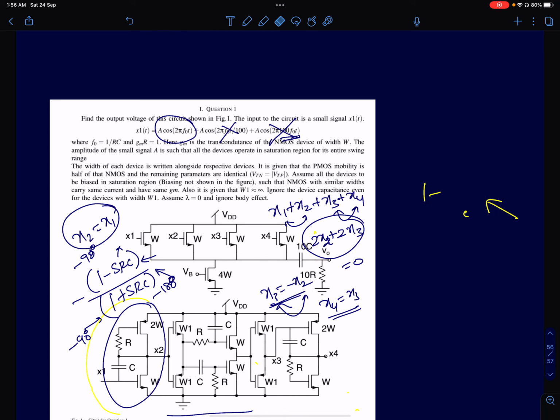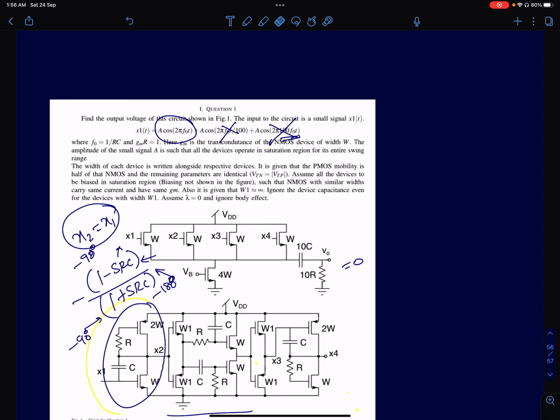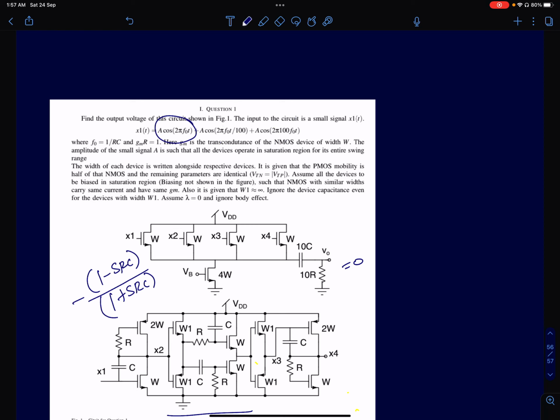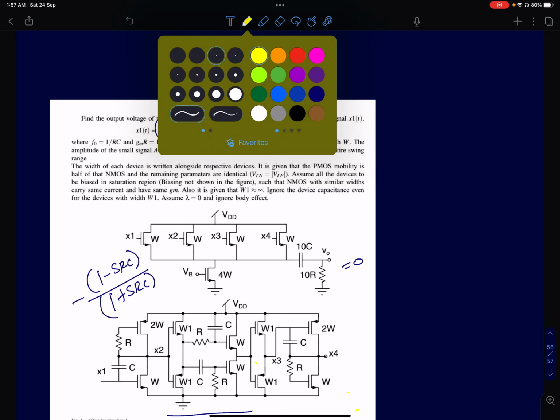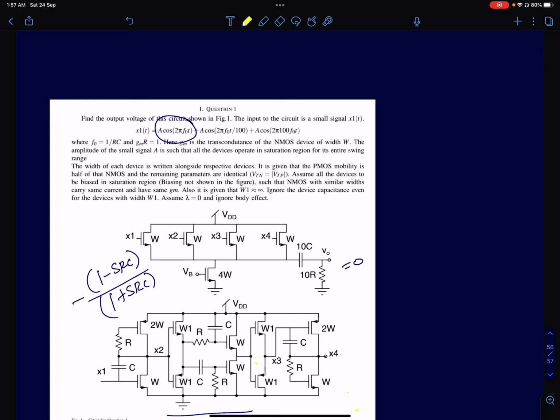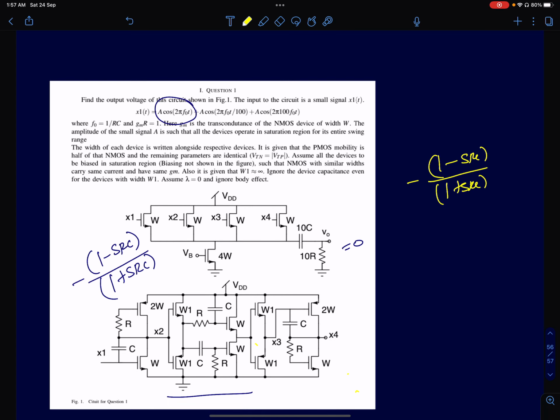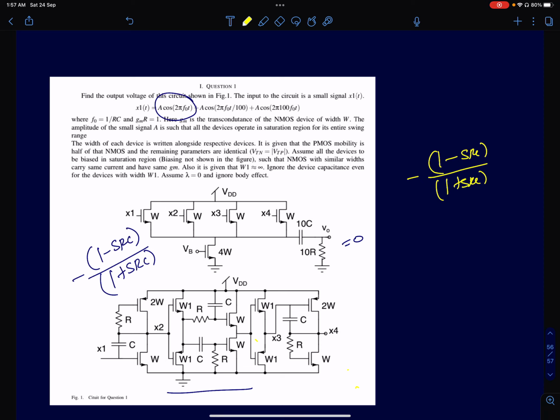To guess that output, here is where you will see the importance of phasors. I have not used phasor analysis so far because you were only getting either in phase or out of phase. Now we will see the advantage of using phasors. So first I'll draw it here. The first amplifier, X2 and X1. The transfer function is 1 minus SRC by 1 plus SRC with a minus sign. Now your frequency is exactly matching 1 by RC.